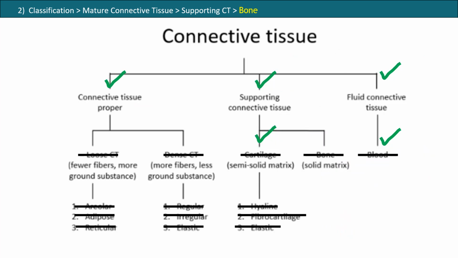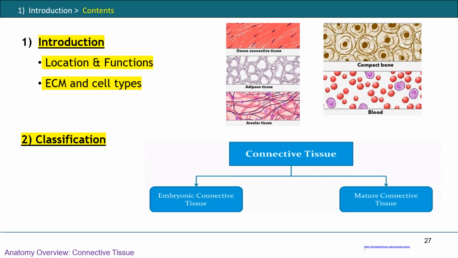Okay, so I know that this looks super complicated, so I tried to organize it as much as possible. You can keep the slides, rewatch the video if you have any question, and your textbook is a great source of information. Okay, so we finally finished.